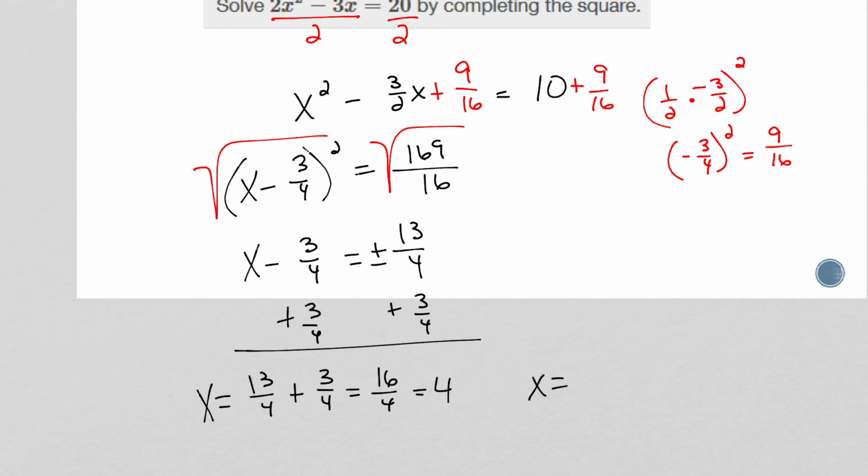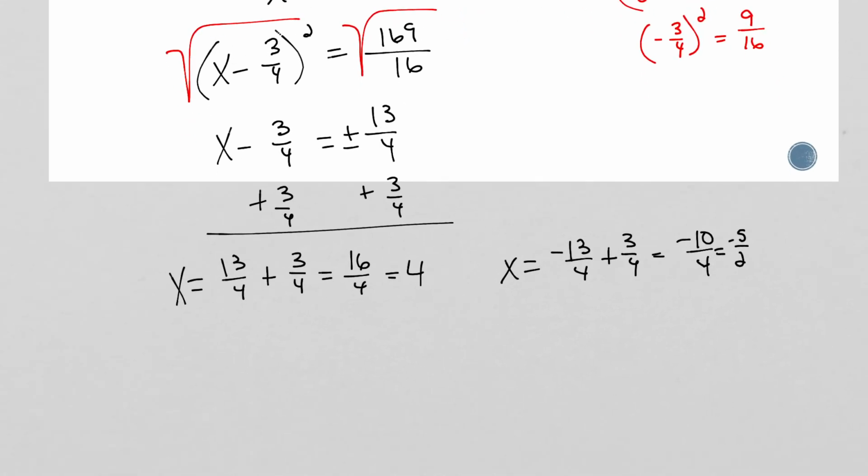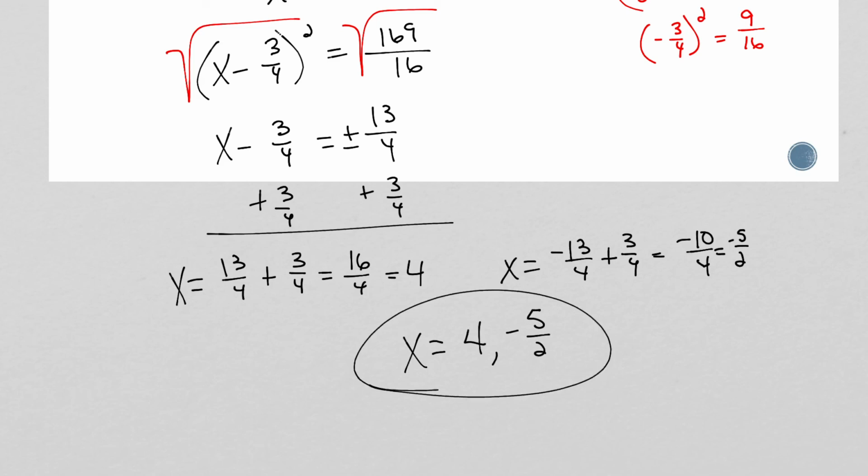And then x is equal to negative 13/4 plus 3/4, which is negative 10 over 4, which ends up being negative 5 over 2 when you reduce. So my two solutions are 4 and negative 5 halves.